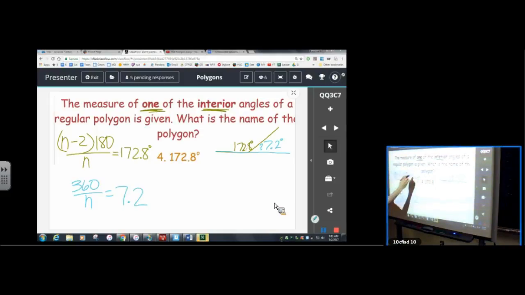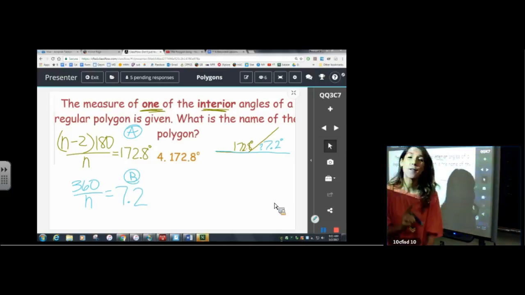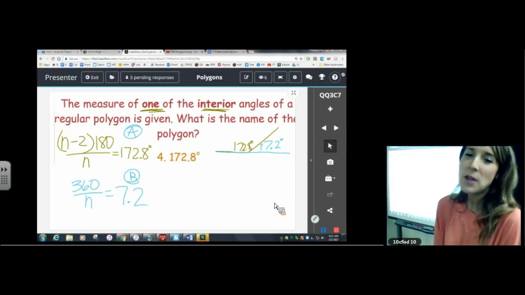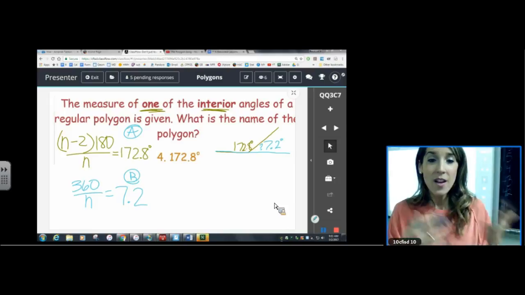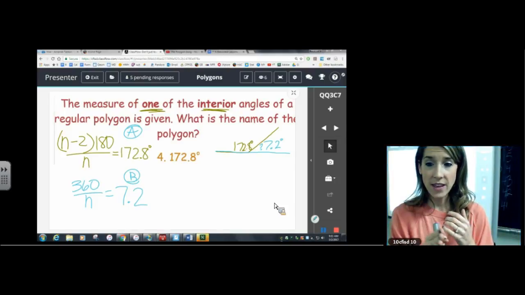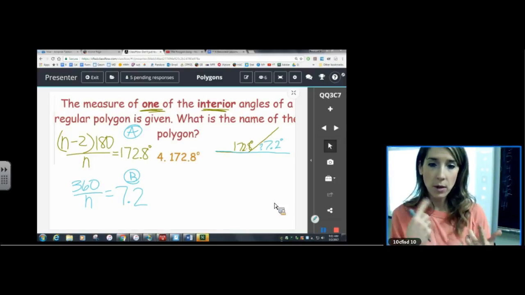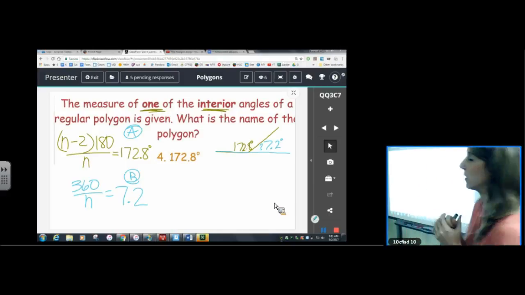If I had to pick A or B, I would pick B every time, but you had to know the trick. You had to know to find the linear pair of the interior angle. You have to remember the trick when you get stuck and you get that ugly thing.